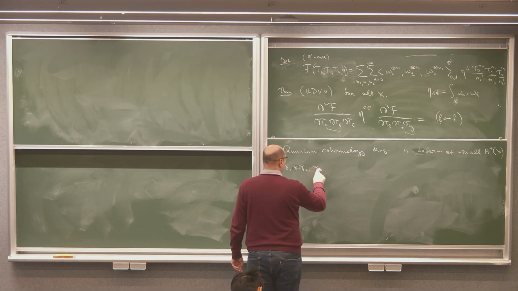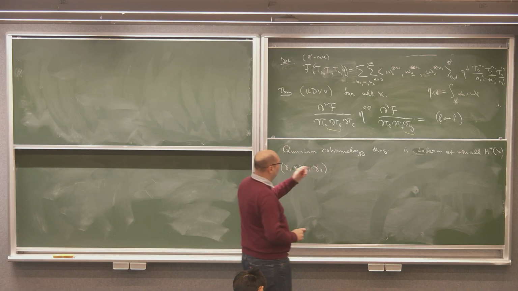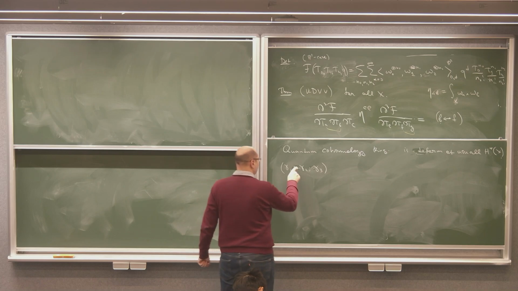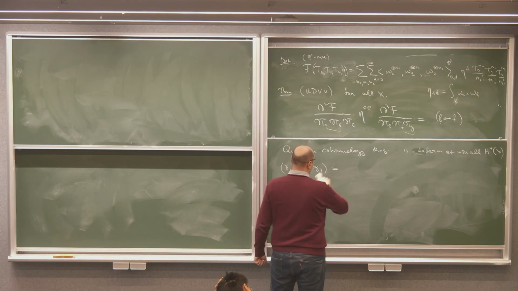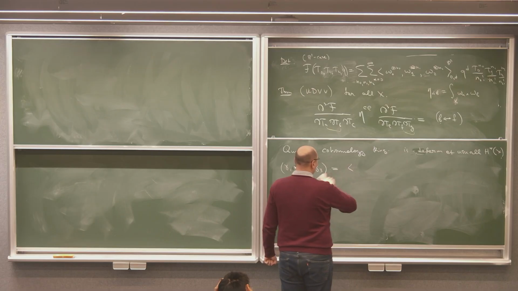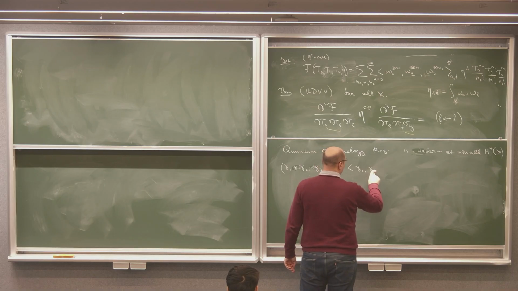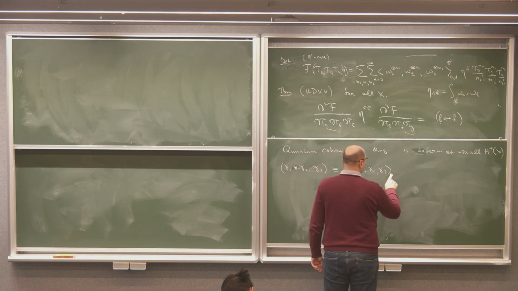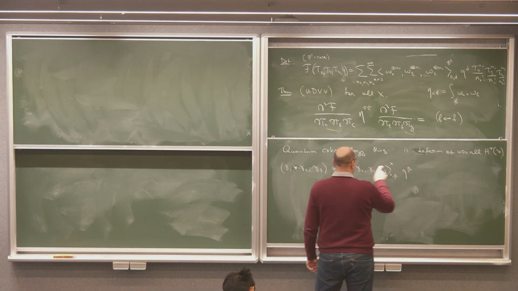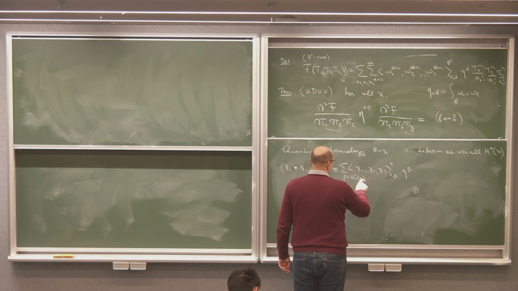So if I have the Poincare pairing on my compact space, and I take the quantum product of gamma 1, gamma 2, and pair it with gamma 3, it is defined as a Gromov-Witten invariant with these three insertions, gamma 1, gamma 2, and gamma 3, of genus 0, arbitrary degree beta, and here we sum over these degrees.